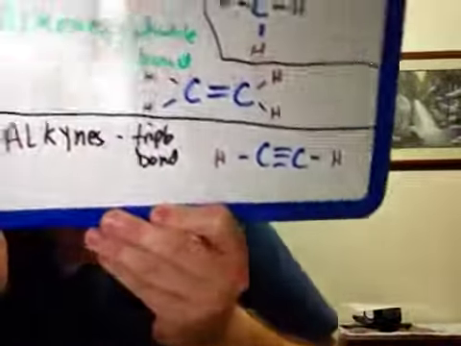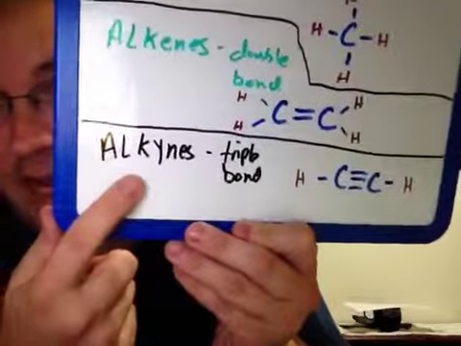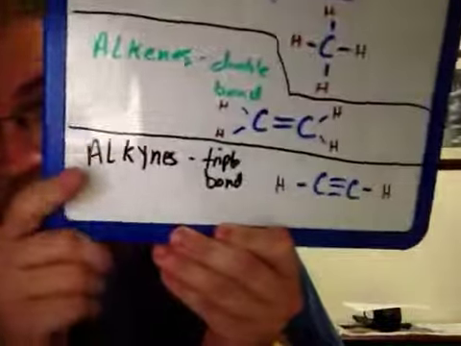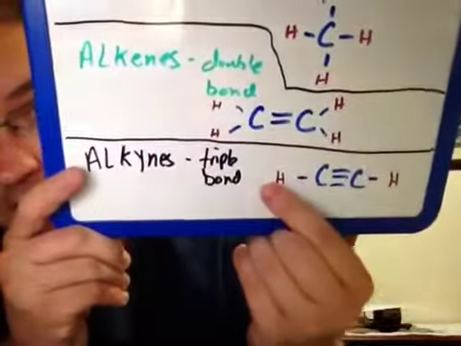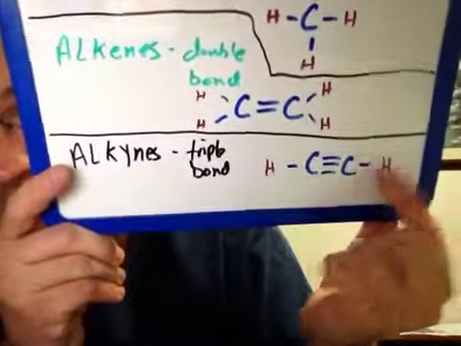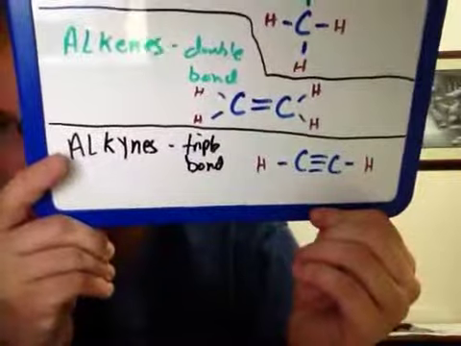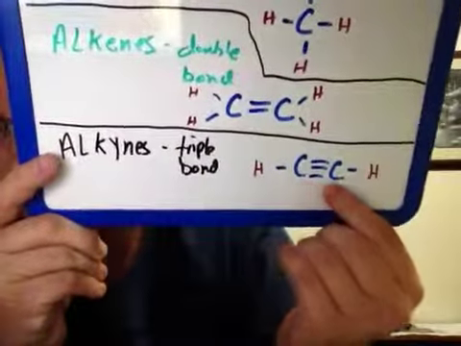And we have two carbons again. But instead of a double bond, I have a triple covalent bond between the carbons, and then a hydrogen on one carbon, hydrogen on the other carbon. I'll go ahead and draw you a picture of that. So here are the alkynes, at least one triple bond. Here I have a carbon-carbon triple covalent bond, and then a single covalently bonded hydrogen on each side, and that is, of course, acetylene, or C2H2.